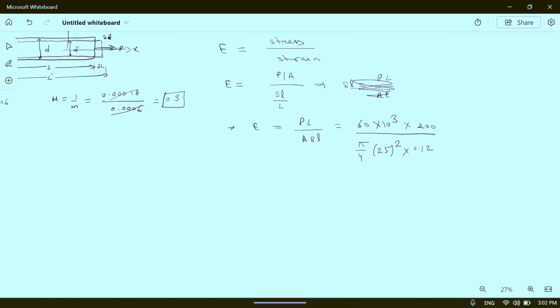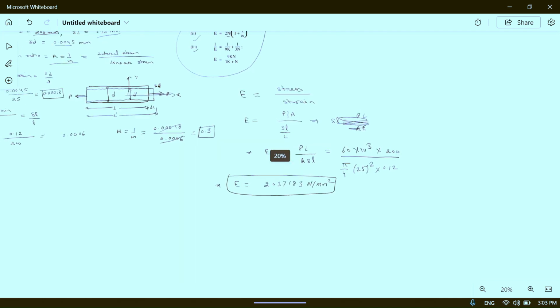You can find the value of E from here. If you calculate after putting in these values, you will find E is equal to 203718.3 Newton per mm square. This is the value of Young's modulus of elasticity. I hope you will check it on your own calculator.